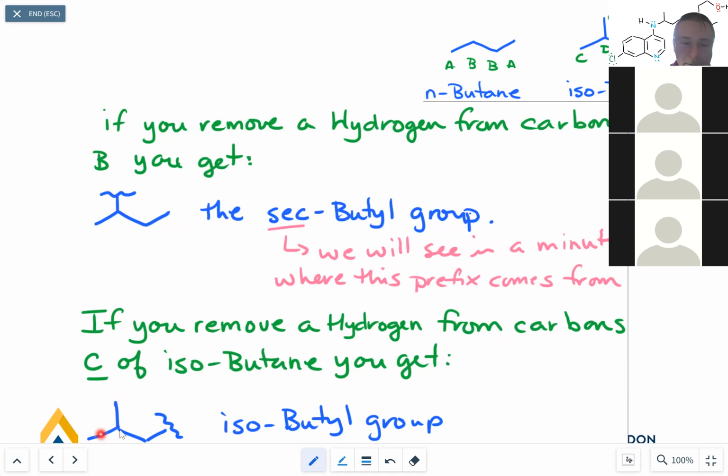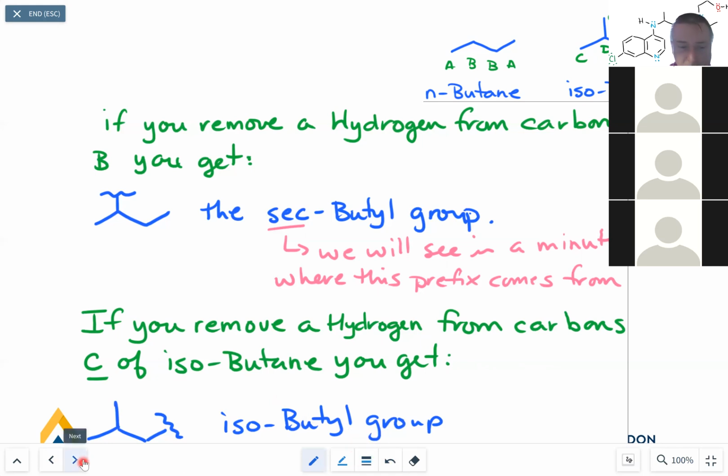So this group here is called the isobutyl group. So the first carbon is primary, but on the second carbon, that's where this is technically a tertiary carbon here because it's bonded to 1, 2, 3, and it's got these two methyl groups off of this carbon here. So that's the isobutyl group.